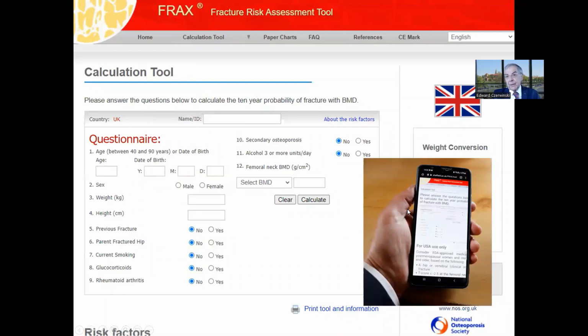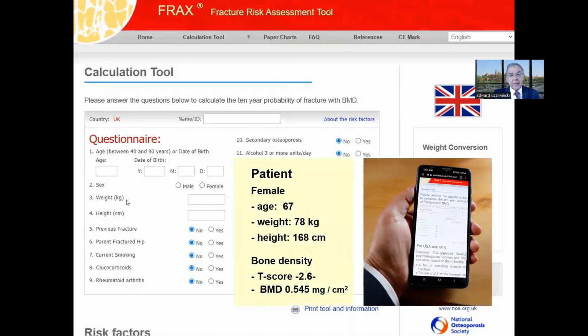I will present it to you using a portable device. For the calculation we will take a patient, a woman, who is 67 years of age. Her weight is 78 kilos, and her height is 168 centimeters.